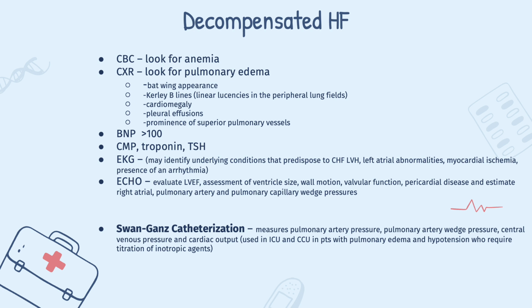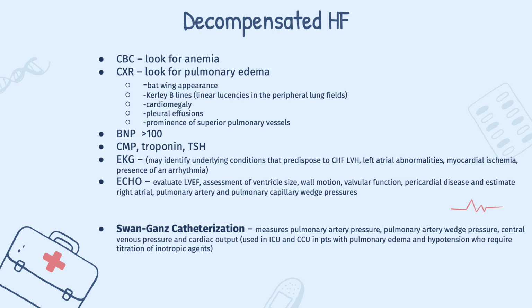Get your comprehensive metabolic panel, troponins if they're presenting with chest pain and you're thinking MI, TSH for thyroid, EKG, really helpful to identify any of the underlying conditions that could be driving the heart failure: left ventricular hypertrophy, left atrial abnormalities, MI, is there any arrhythmias present?